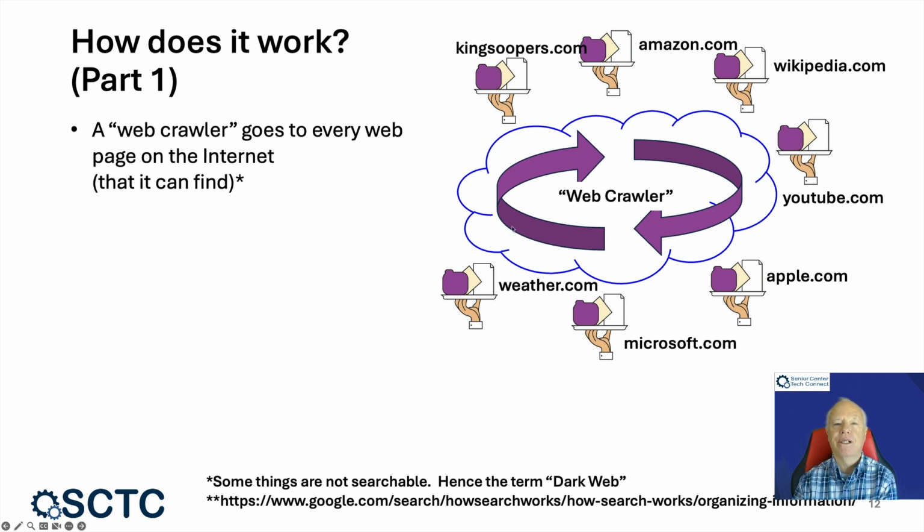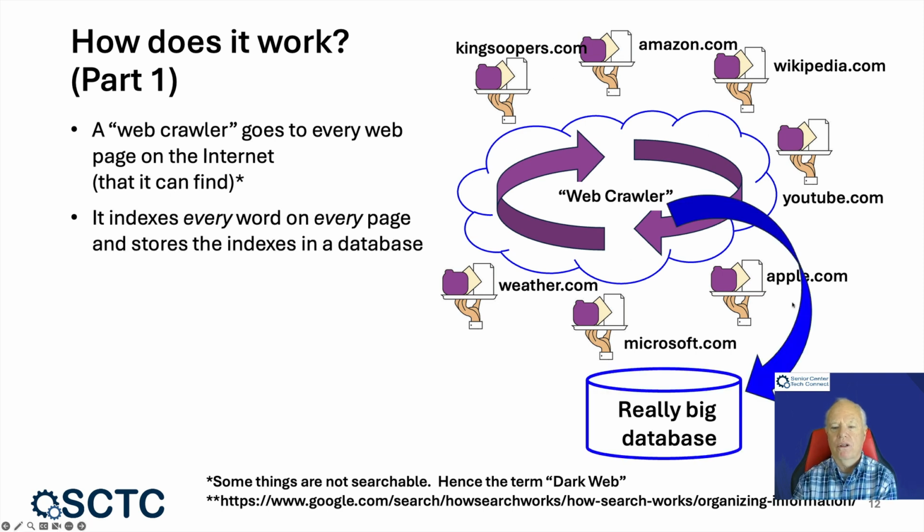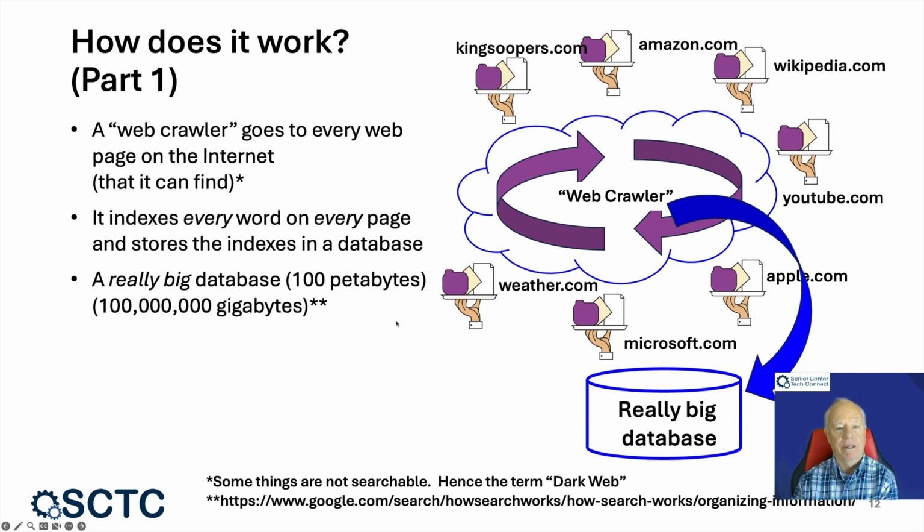And it looks at every single word on every single website, and it puts those words into a really big database. And when I say really big, 100 petabytes. A petabyte is a million gigabytes. So you've got 100 million gigabytes in this database.